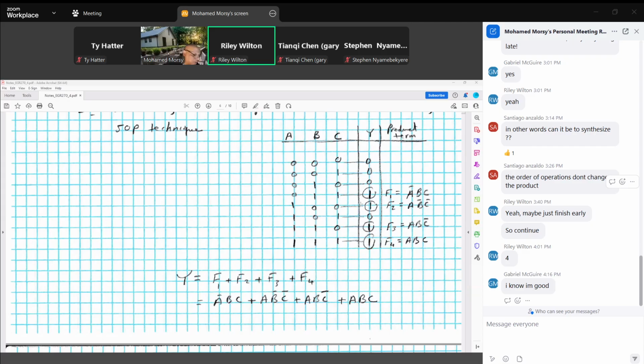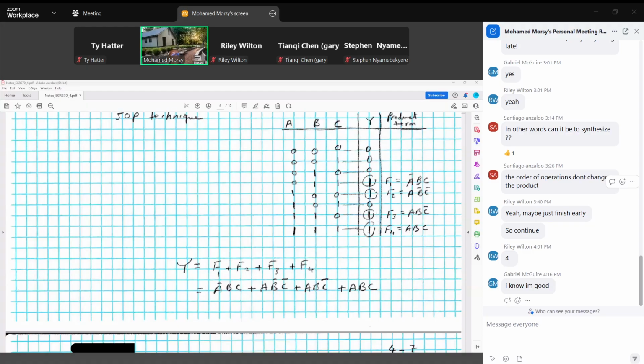Perfect. B inverted, C inverted, because both B and C are 0, so they should be 1 to get the product term 1. The third one, A, B, C inverted. The last one, F4, all of them are 1, so we just use ABC.